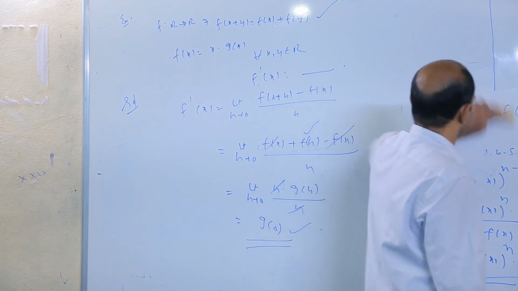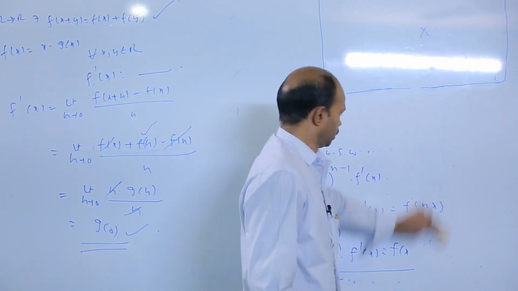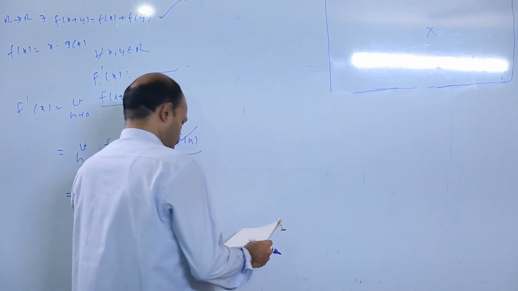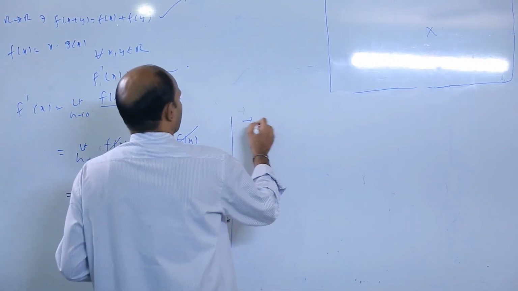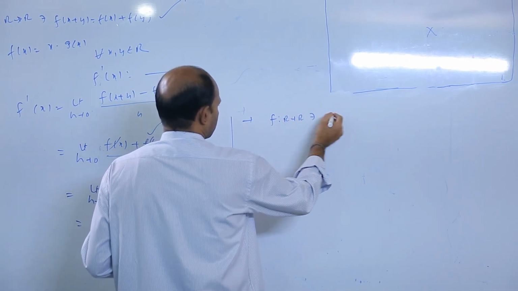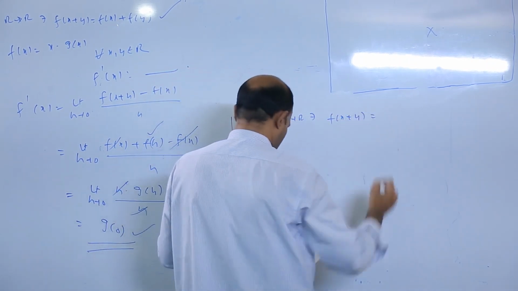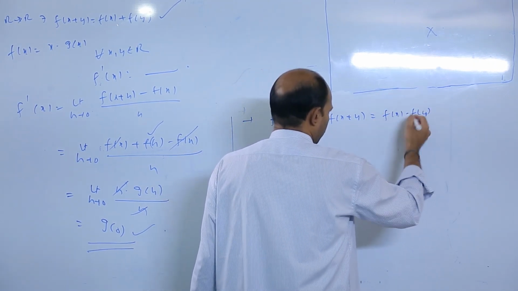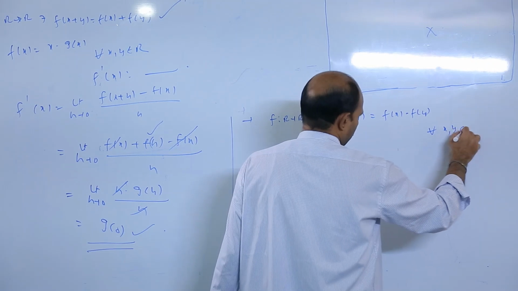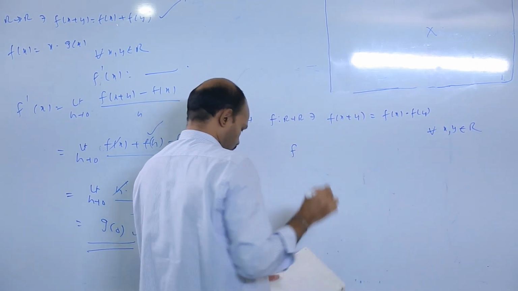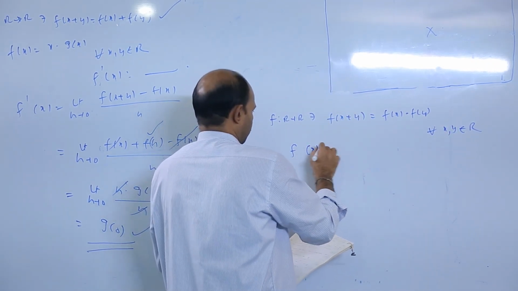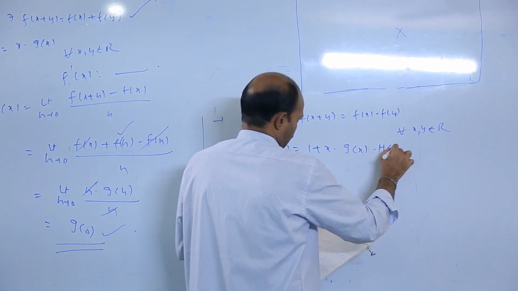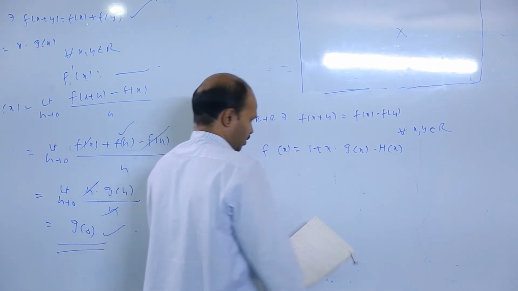Same model, I am giving one question for your classwork. Consider this and do it yourself. The given data is like this. Define f from R to R such that f(x + y) = f(x) into f(y), for all x and y belonging to the reals, and another condition f(x) = 1 + x g(x) H(x), where g and H are functions.